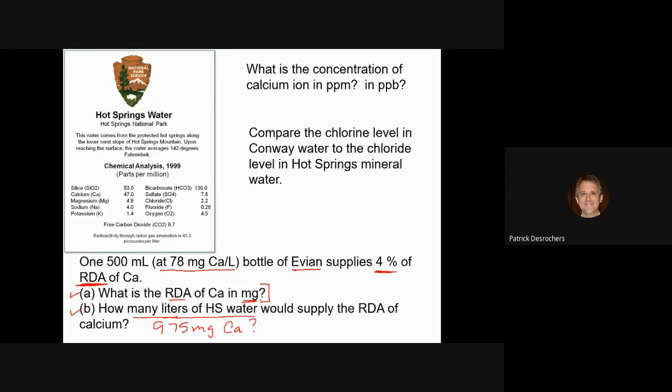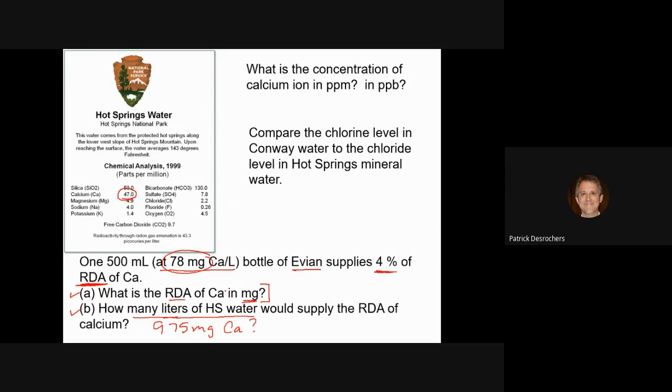And just a quick concept, okay? Compare this number to this number. Will it take more or less hot springs water to do it? More. Why more? Because it's a smaller number. Yep, because concentration's lower. So you're going to have to drink more hot springs water.